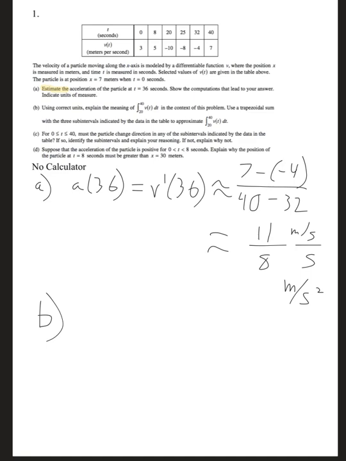So this would be your displacement on the interval from 20 to 40. Now, of course, you could describe what displacement is. It's the change in position, the net change in position from 20 to 40, but just calling it displacement is fine.